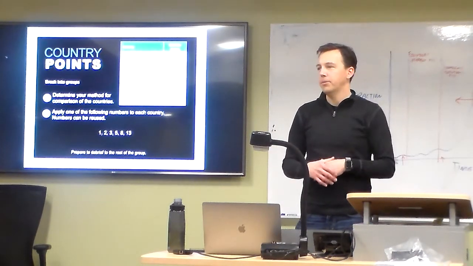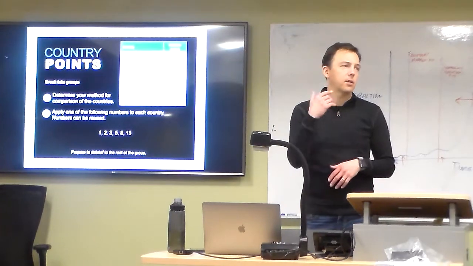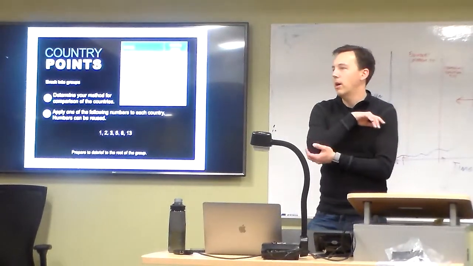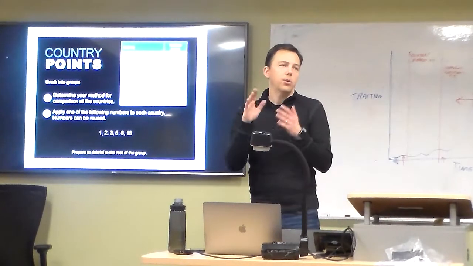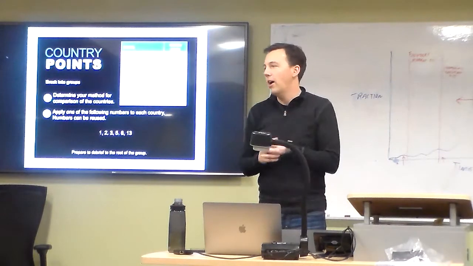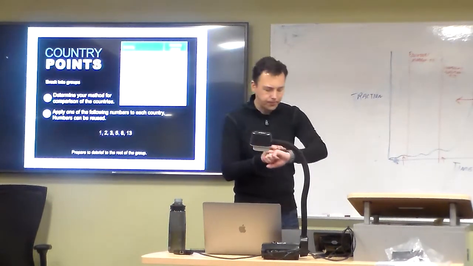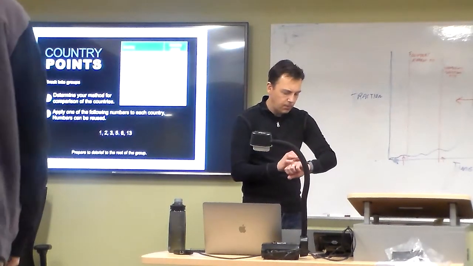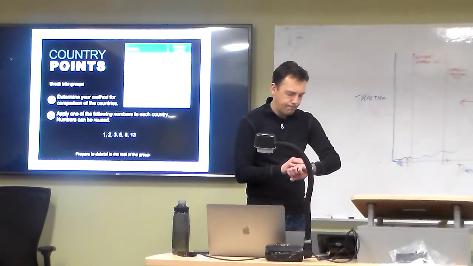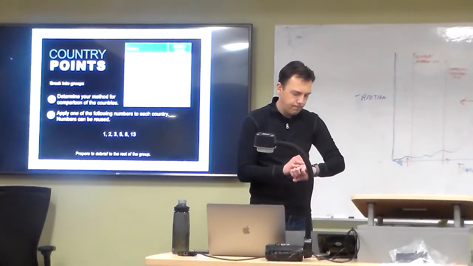Does that make sense what we're up to? And then at the end, if you could figure out a spokesperson, and I will call Matt spokesperson, to list out your countries and what buckets you put them in. I'm going to give you 5 minutes to do this.